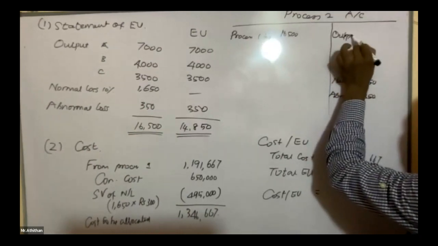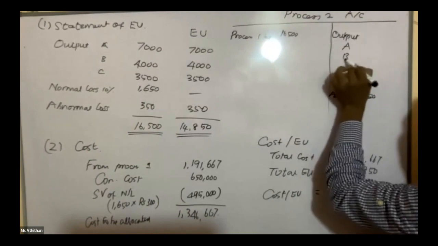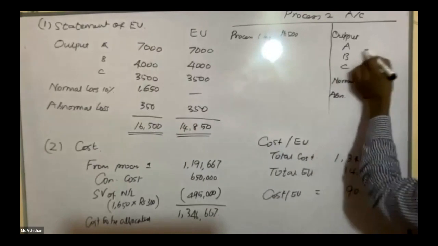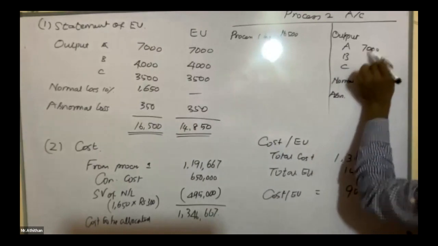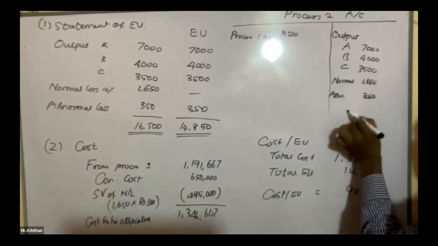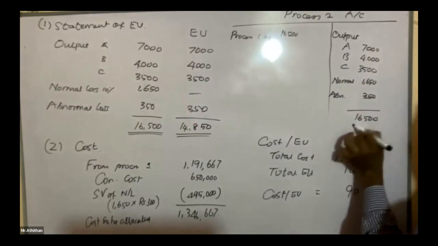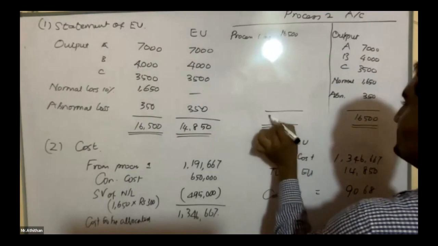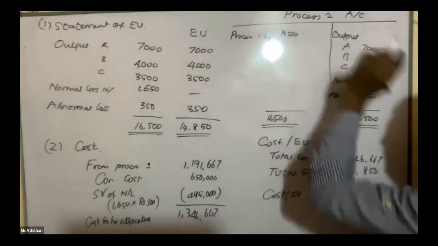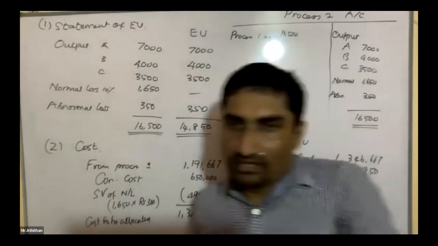Output A, B, C: 7,000, 4,000, 3,500. So 16,500. Okay. Now the other information.